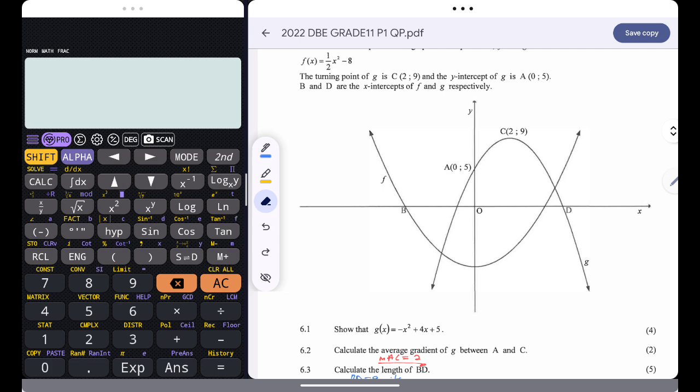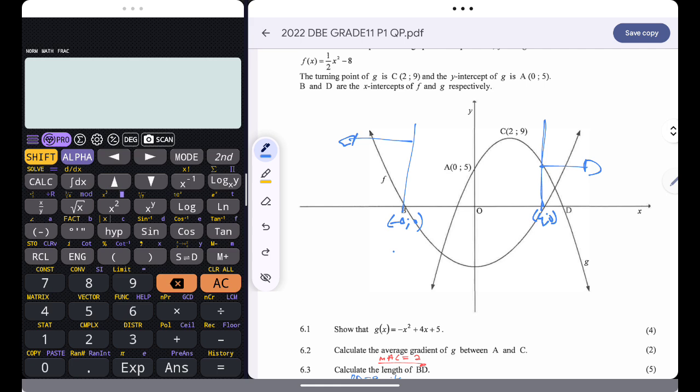Remember that I calculated the x values. I got negative 4 and 0, and I got 4 and 0 over here. My graph is above the x-axis from B going to the left, and from this x-intercept going to the right as well.